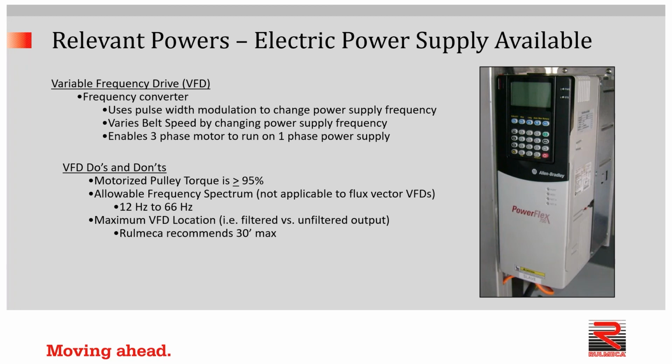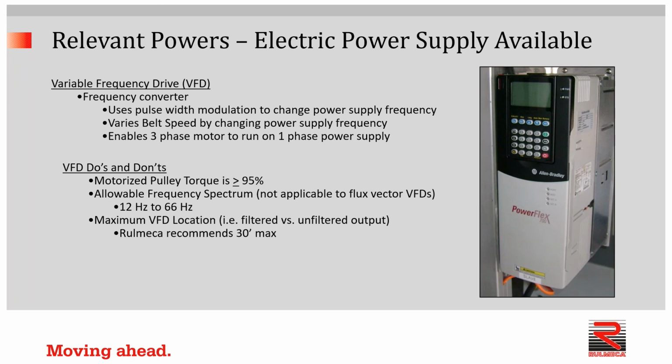Here are a couple of VFD do's and don'ts. You can depend on the fact that an AC squirrel cage induction motor, such as we're discussing here, will provide a torque of 95% of full torque or more within the allowable spectrum. Years ago, we used to say, please restrict yourself to a frequency spectrum of 12 hertz to 66 hertz.